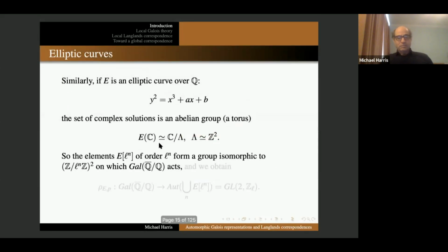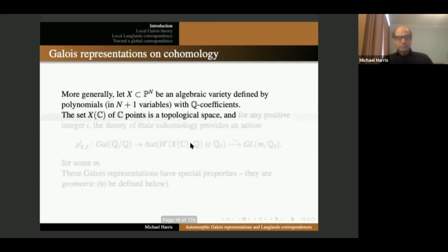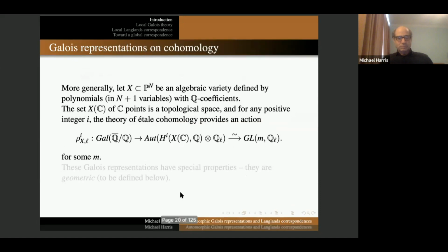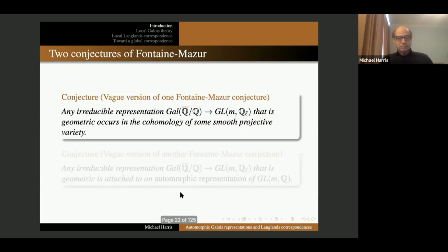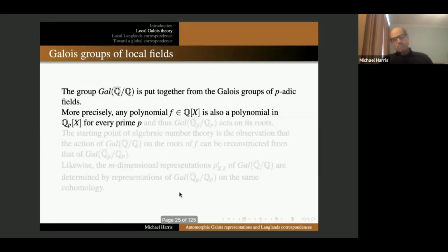And so choose a prime, P. And now notice that a polynomial with rational coefficients also has coefficients in QP.